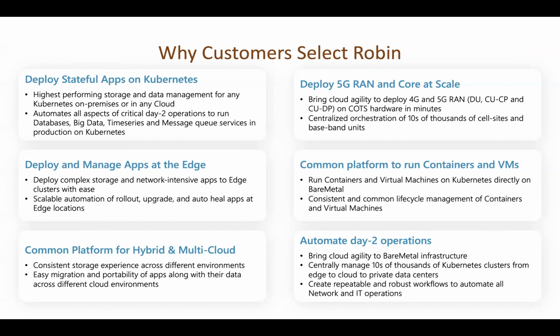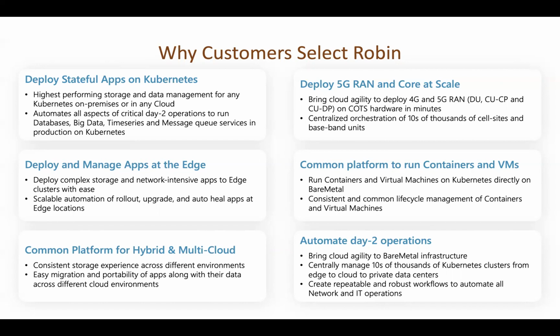Also, deploy and manage applications at the edge, MEC applications or enterprise edge applications. Also, we use the same platform to run containers and VMs, so even if it's Kubernetes, we can run both container network functions and virtual network functions. You can use the same platform to run hybrid and multi-cloud.